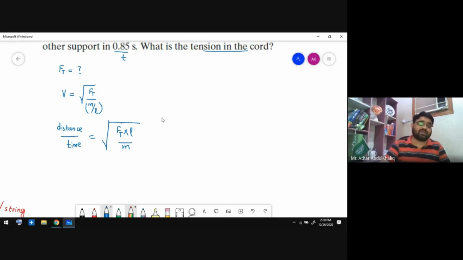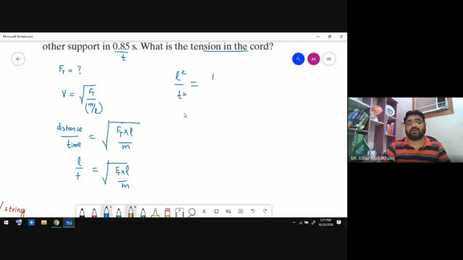Because this M over L will go on the other side, so it will be Ft times L over M. Now, distance is actually the length of the string. So I can put here L over T is equal to radical of Ft times L over M. Take the square on both sides, so it becomes L square over T square equals Ft times L over M.